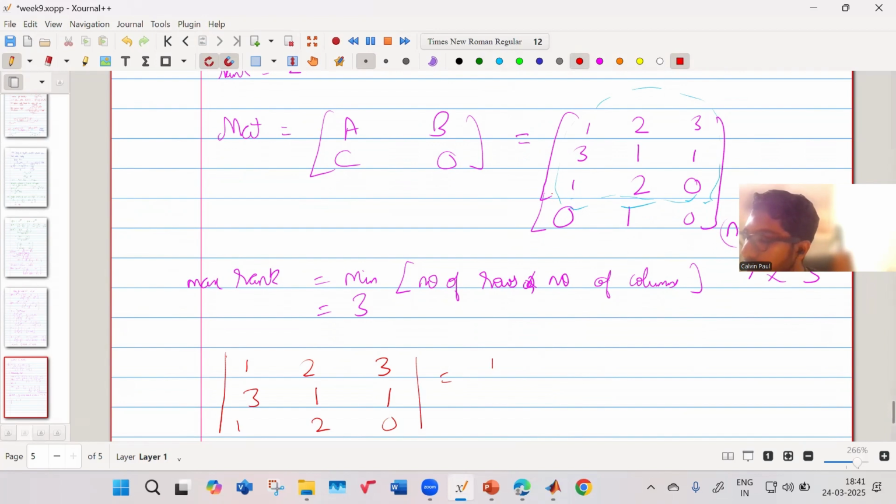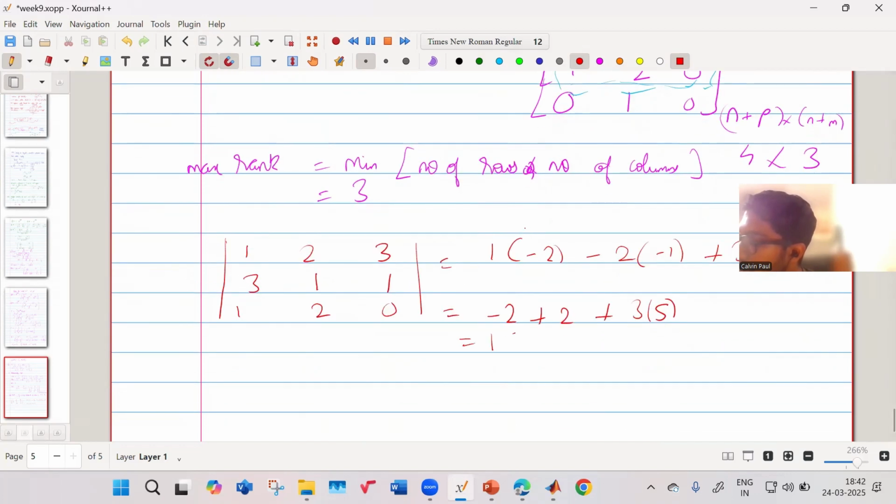What is this determinant? 1 into minus 2, minus 2 into minus 1, plus 3 into 6 minus 1. So that is equal to minus 2 plus 2 plus 3 into 5, which is equal to 15. Hence, the rank is equal to 3.